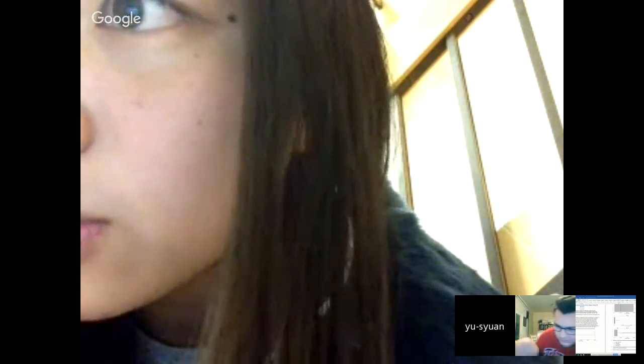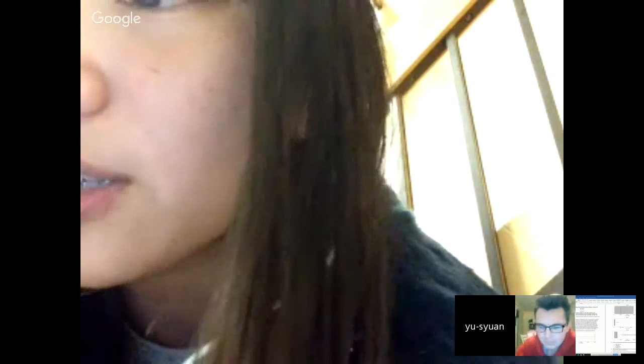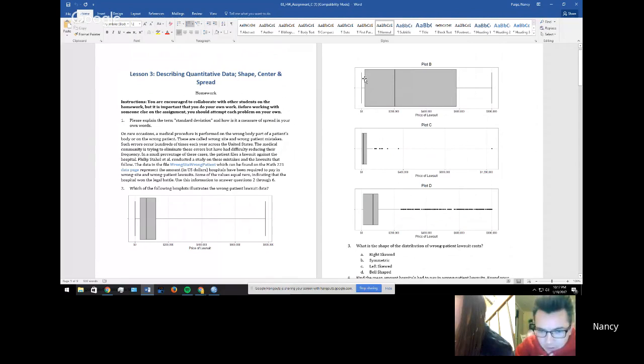So if you're asked to read plot B, will you understand where the minimum, quartiles, and maximum are? Would 0 be the minimum and the maximum be 800,000?